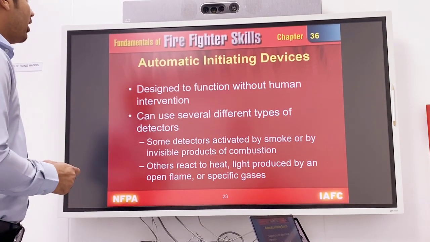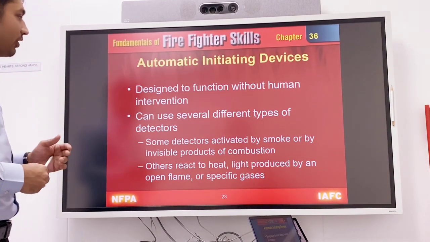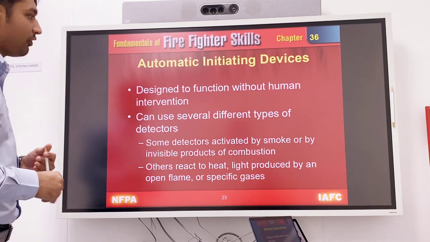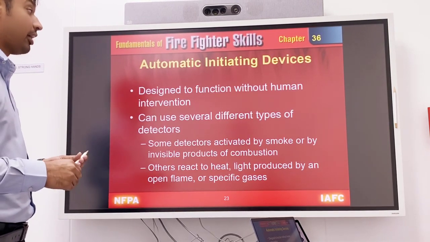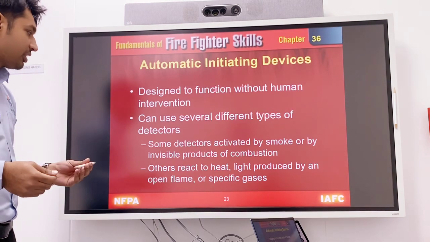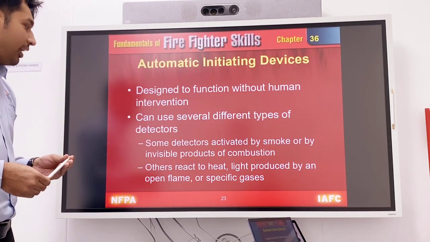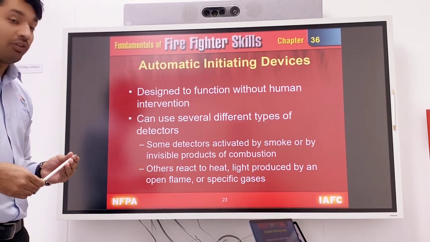Now we are talking about automatic initiating devices. They are designed to function without human intervention and can use several different types of detectors. Some detectors activate by smoke or by invisible products of combustion. Others react to heat, light produced by an open flame, or specific gases.